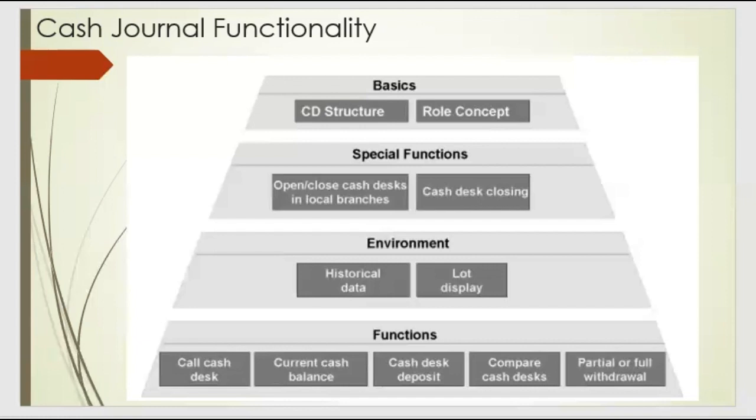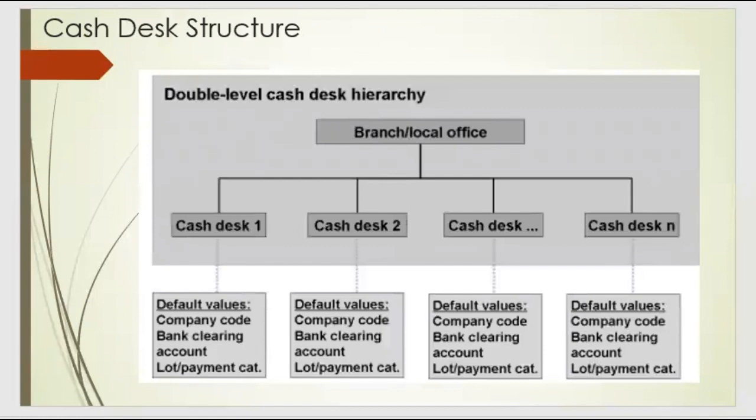Then we need an environment where we can see the historical data and lot display. And finally, the functions: what can a person at the cash desk do? They can call the cash desk, check the current cash balance, collect cash and deposit, compare cash desk details if there are multiple cash desks, and fully or partially withdraw from the cash desk to transfer to other systems or a centralized system.